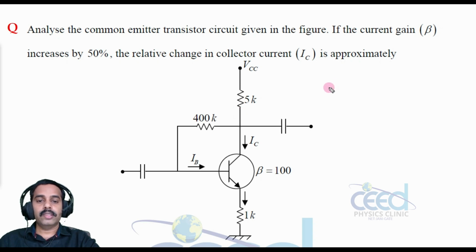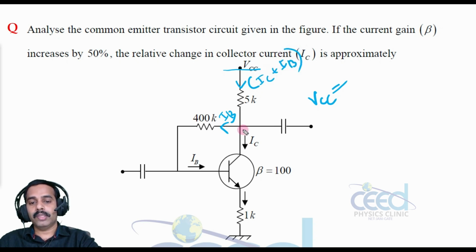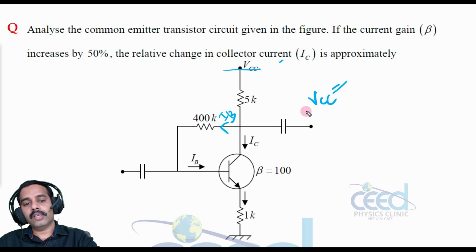So we already know, if I apply the Kirchhoff rule across this route, that is VCC is equal to, suppose this current is IB, and this current I can say is IC plus IB. Or you may take this as IC, you can take it in any way.